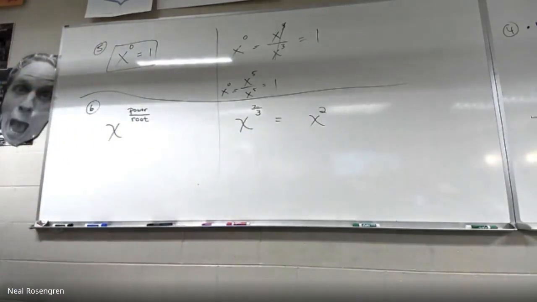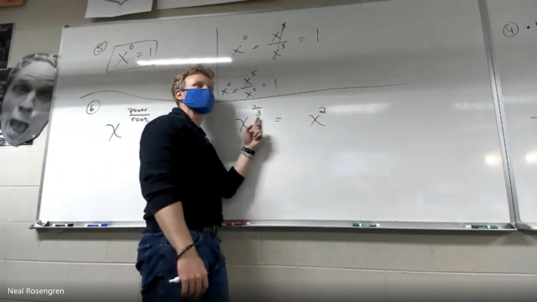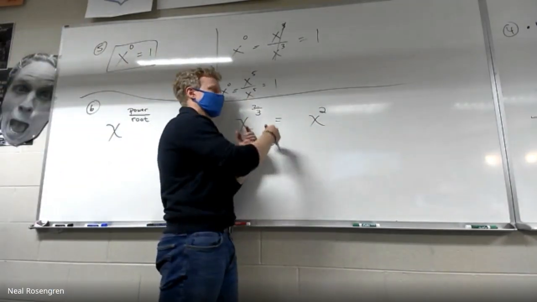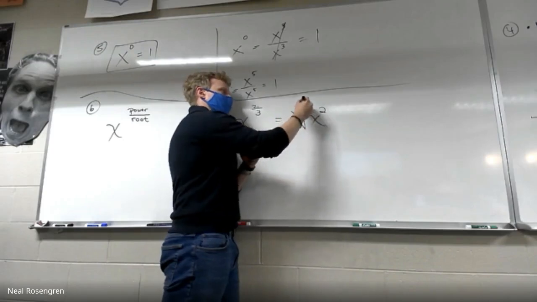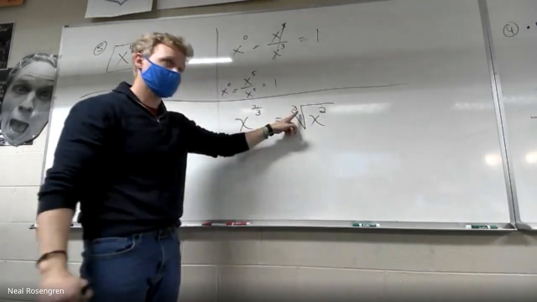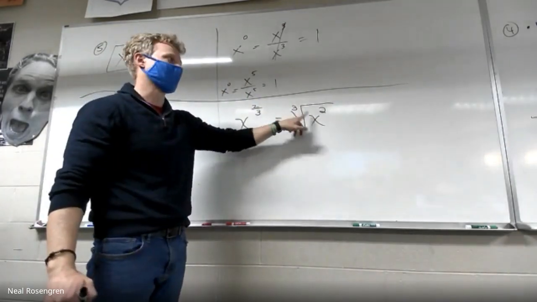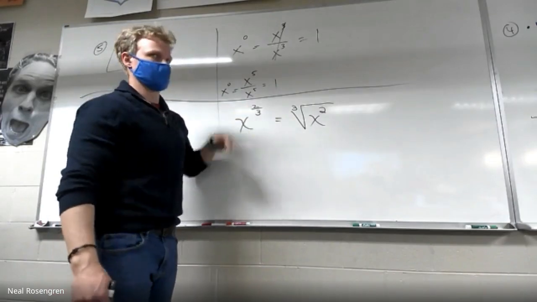But I've got to take that 2 and divide it by 3 in the exponent. What that means is that is the kind of root that we've got. It goes around the outside. You've got a cube root around your x squared. Power over root.